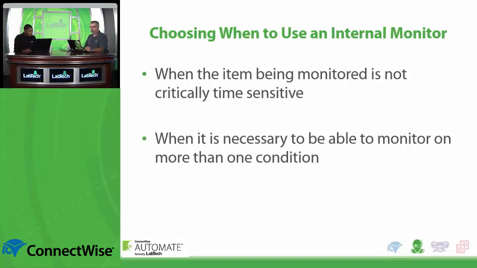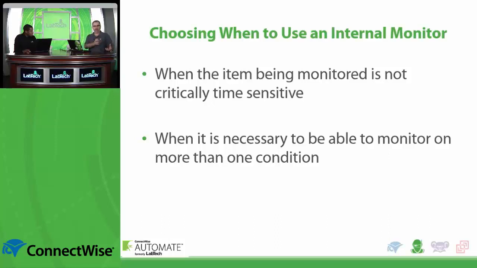And then another advantage that internal monitors have over remote monitors is I can monitor on more than one condition with an internal monitor. What you're going to see when we go into our example next is I can monitor for something, that's the core item that I'm monitoring for in my monitor.